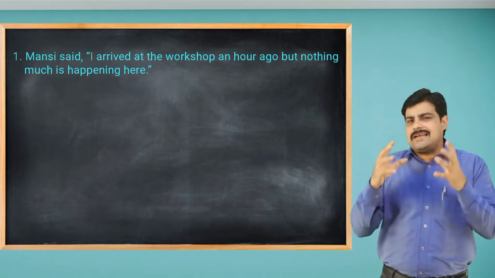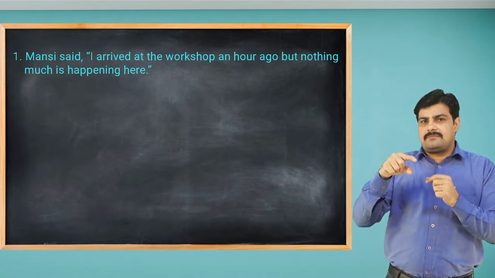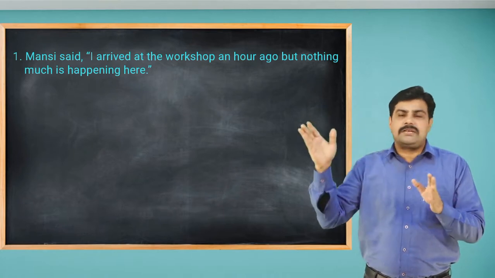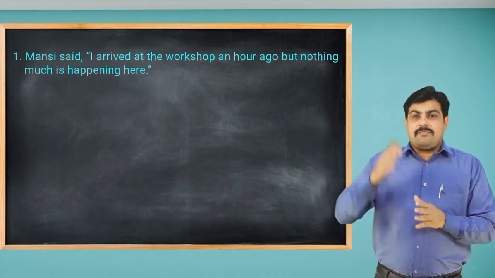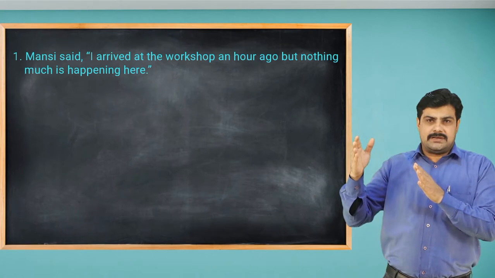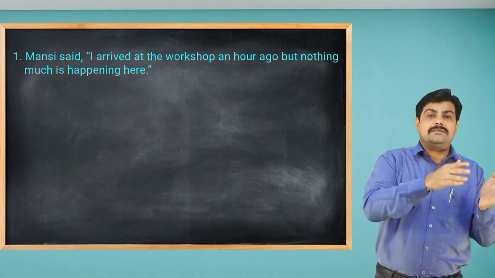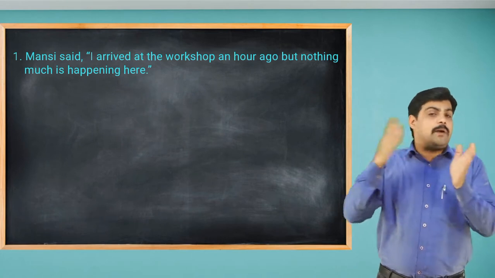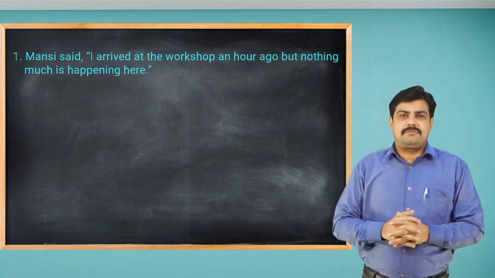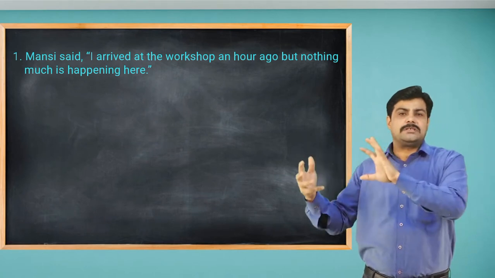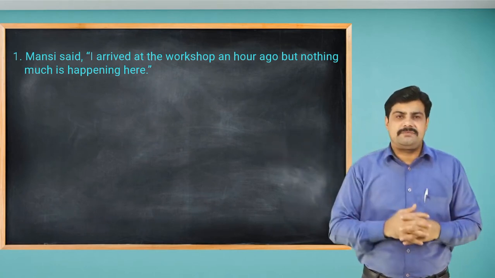Well, here in the sentence, "said" will remain "said" because there is no object after it. "That" will be used and the tense will be changed from past indefinite to past perfect. Present continuous will be changed into past continuous in the second sentence.